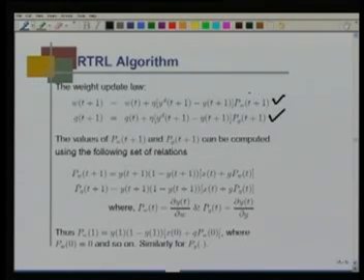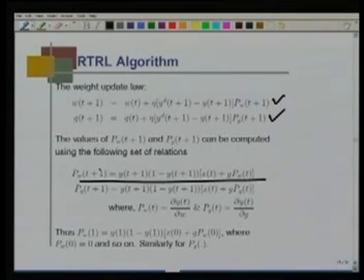How do I compute this gradient information Pw(t+1)? Using this recursive relationship. That is, Pw(t+1) is computed using the gradient information already computed at t: Pw(t) into g plus x(t), the input at t, into this particular term.